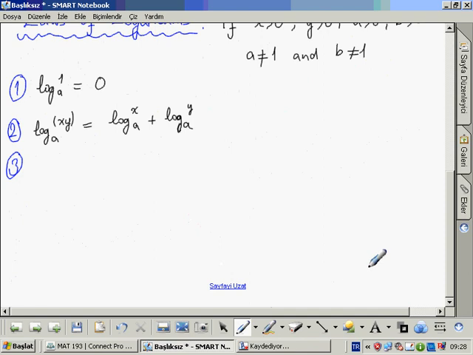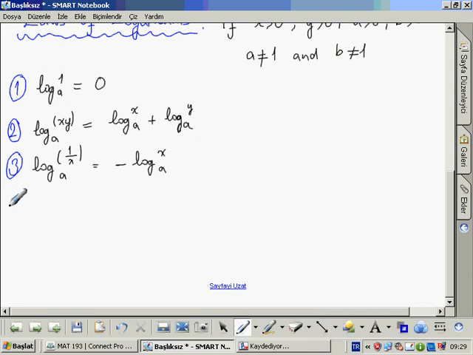And the third one, logarithm of 1 over x to the base a equals minus logarithm of x to the base a.